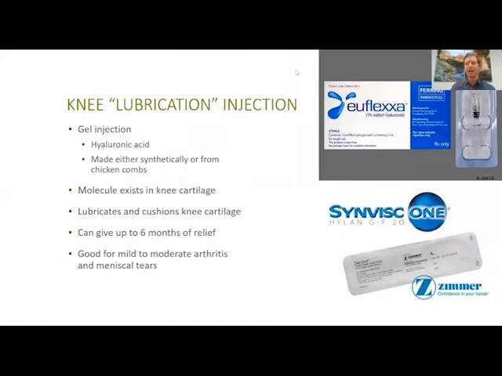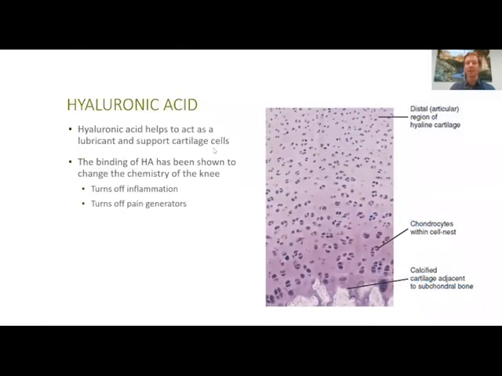And then there are the second type of shots that I like to mention, and these are the knee lubrication shots. Hyaluronic acid is the name. They serve as a way to cushion and support the cartilage in the knee, including the meniscus. They're usually a series of 1 to 3 to 5 injections, and your doctor will provide them over the course of several weeks.